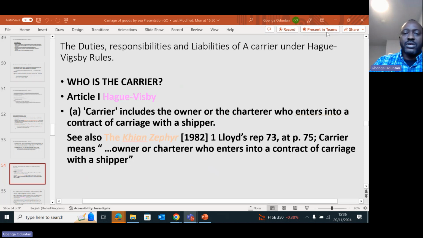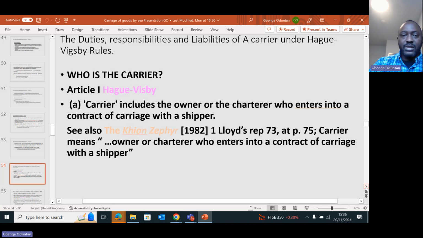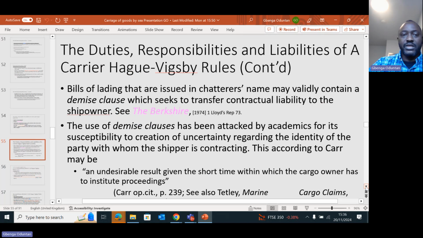The carrier includes the owner or the charterer who enters into a contract of carriage with a shipper. The shipper, on the other hand, is the person who placed goods on the ship.